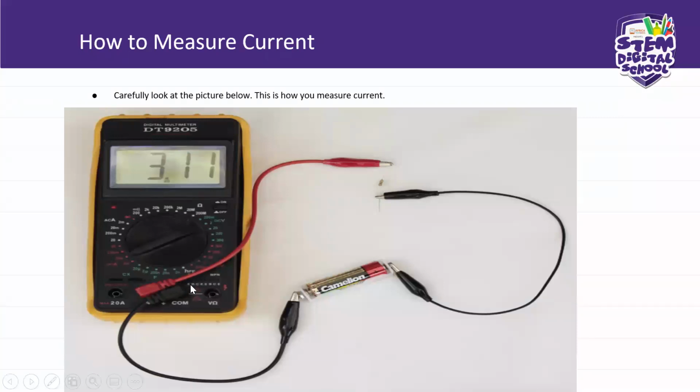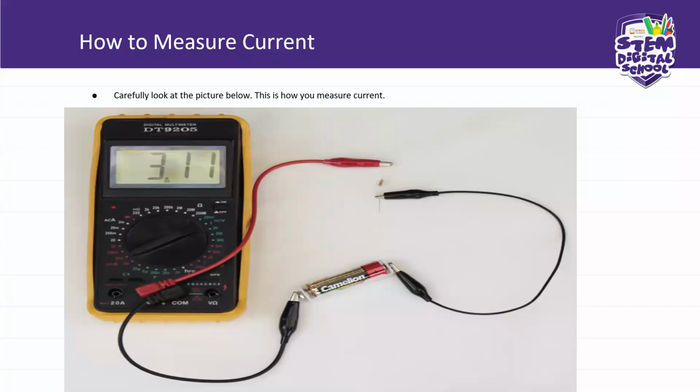The black is always on the COM. Here you are measuring voltage, but then you come here to measure DCA. What is DCA? DC, direct current. Why do we say it's direct current?